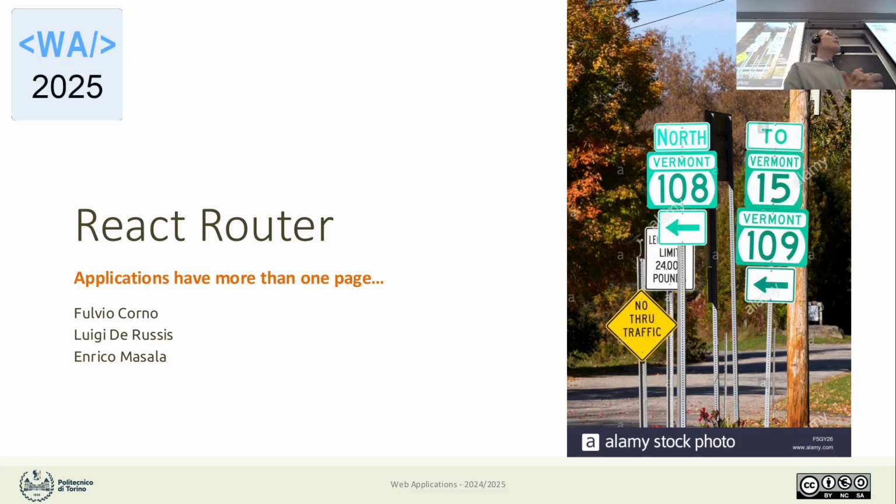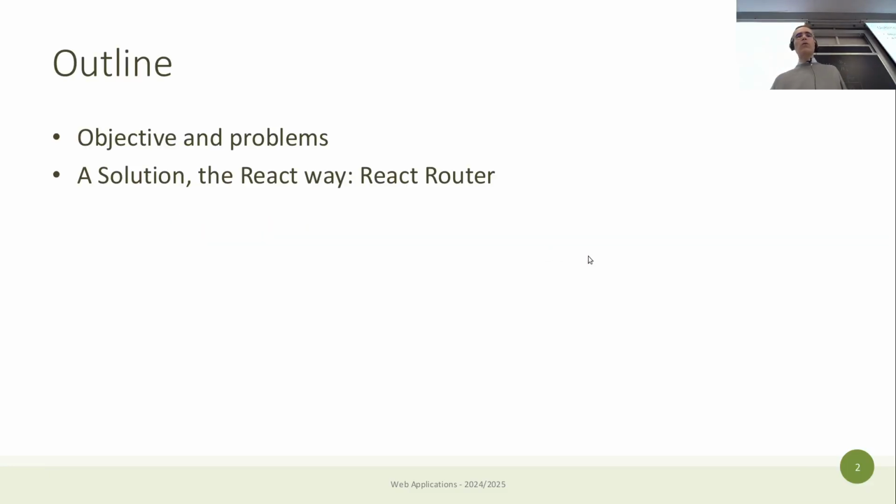Again, it's not mandatory, but basically when the application is not really very simple, you start having the need of different views in your applications, and this router can help you quite a lot, and so basically we need it. And there are also other reasons that we are going to see in a minute.